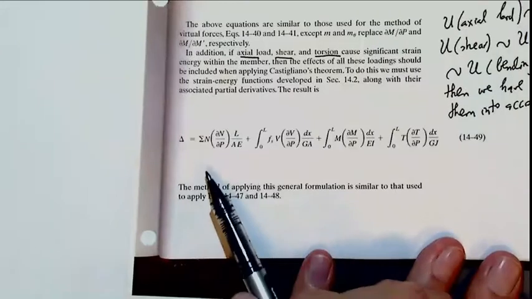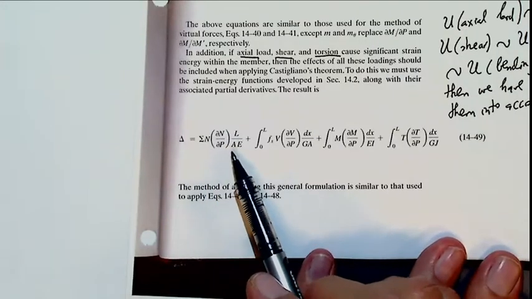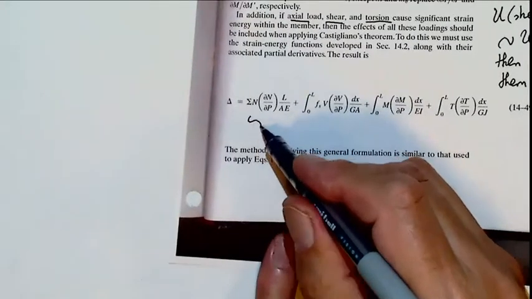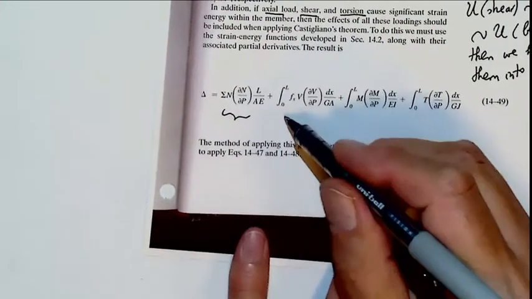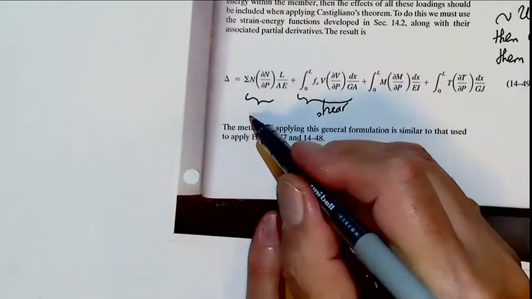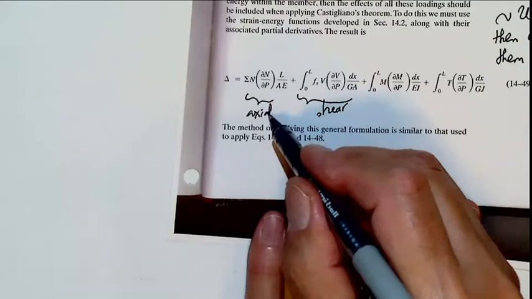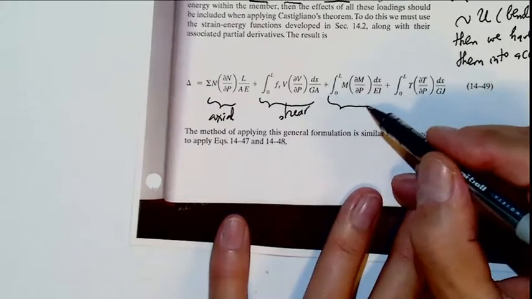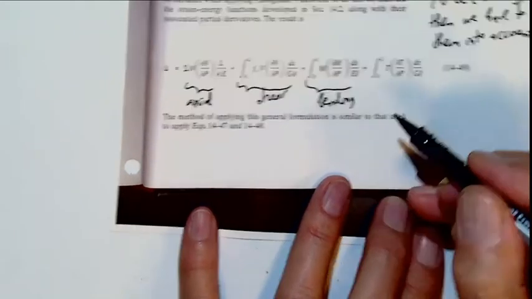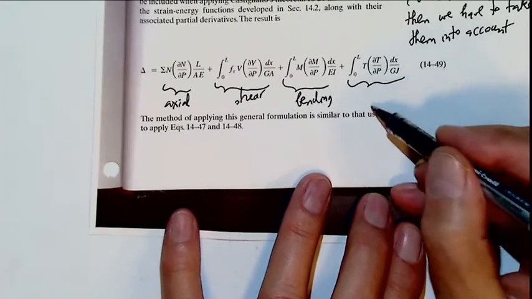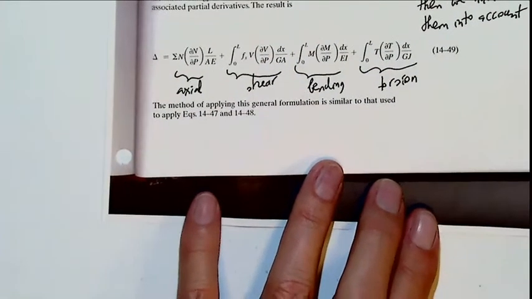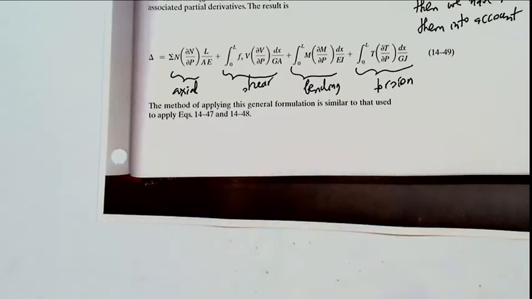So then delta will be the summation of n dn dP L over AE, that is due to axial loads, plus the shear term, plus the bending term, plus the torsion term. Okay. Any questions?